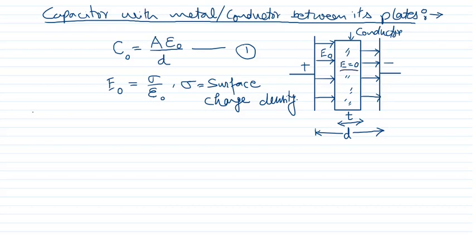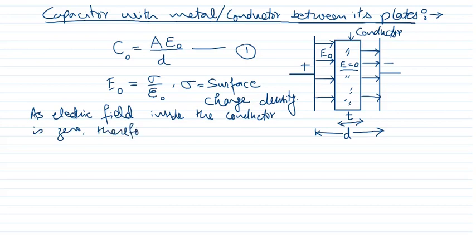As the electric field inside the conductor is 0, electric field exists only in the remaining region.